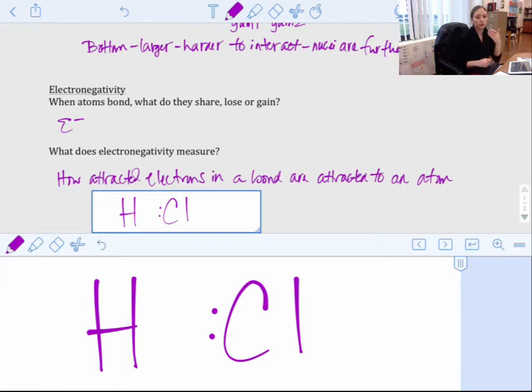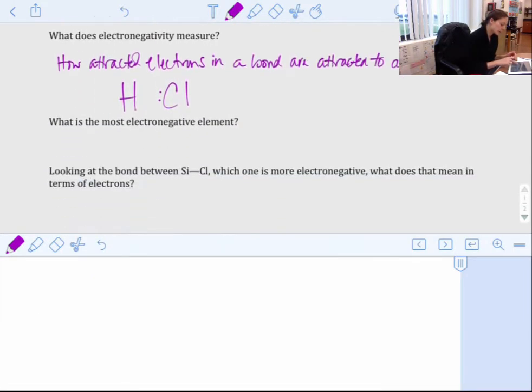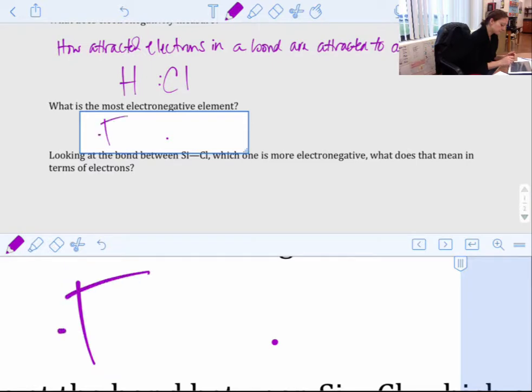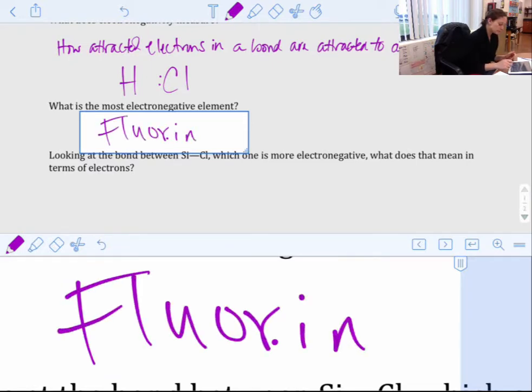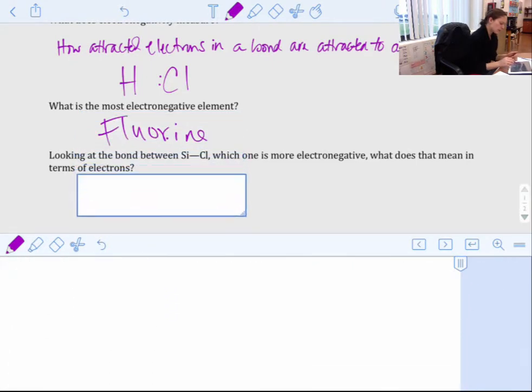But right now we're dealing with electronegativity being how attracted the electrons are to one or the other atom when they're bonded together or bonded to something else. Your most electronegative element is going to be fluorine. Why? Just because it is. So if I have an Si-Cl bond, which one's more electronegative, and what does that mean in terms of electrons? Well, if I look at Si and Cl, Cl is much closer to fluorine than Si is, in general vicinity.